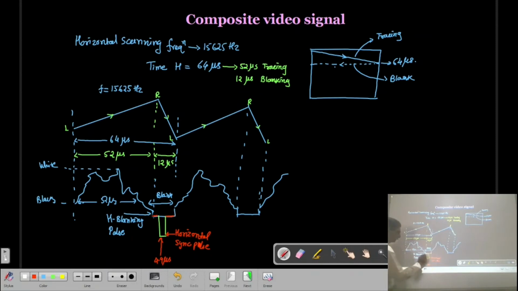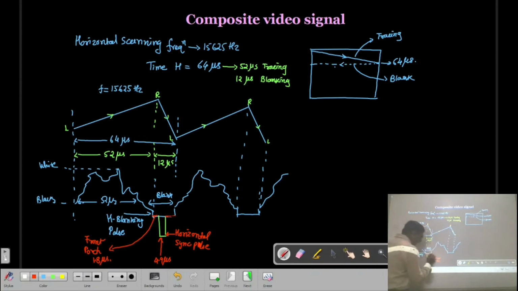So remember, this space of the blanking pulse is known as the front porch. It is known as the front porch. And this front porch of this blanking pulse has a duration of 1.8 microseconds.